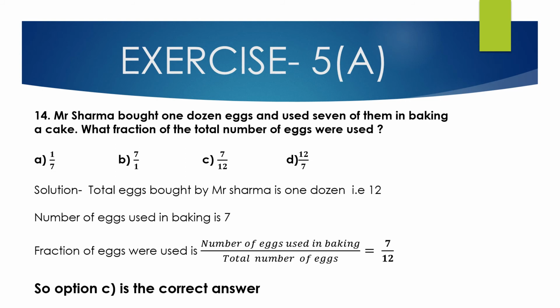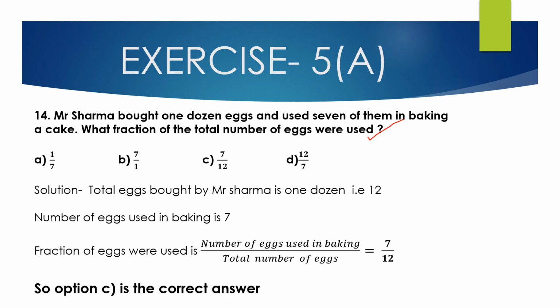Now we solve question number 14, which is a word problem. Mr. Sharma bought 1 dozen eggs and used 7 of them in baking a cake. What fraction of the total number of eggs were used?